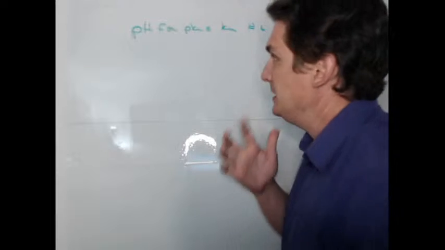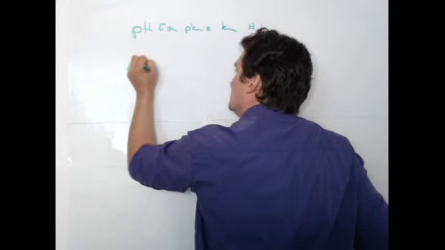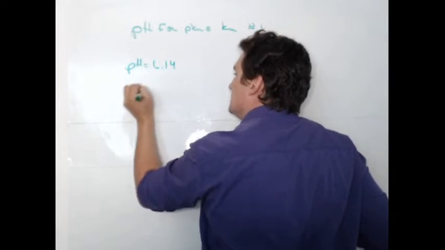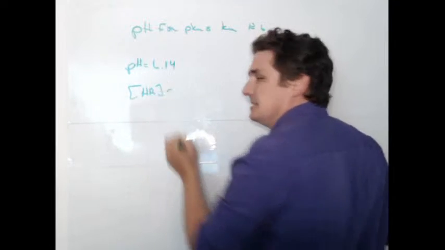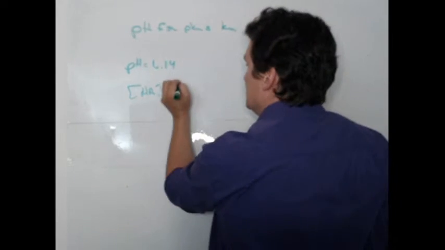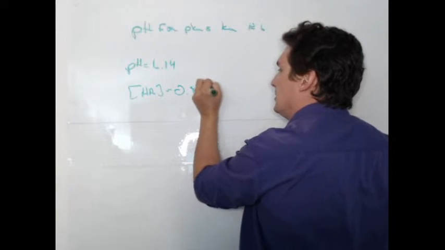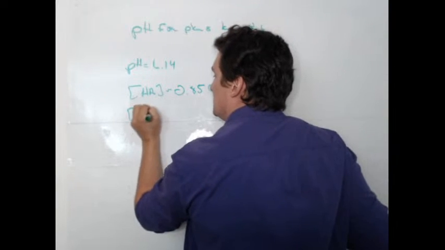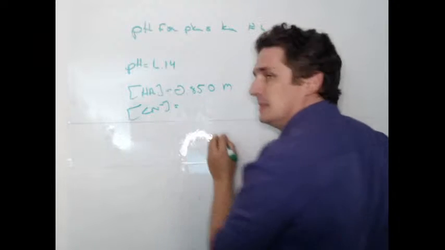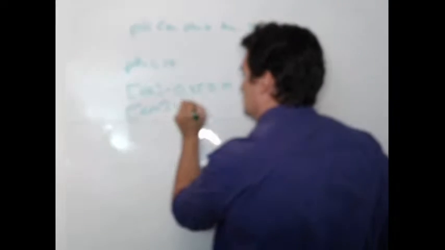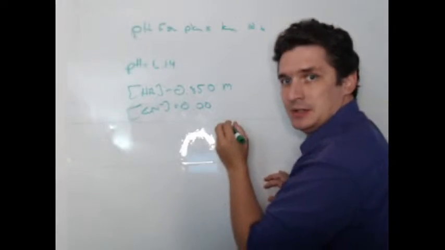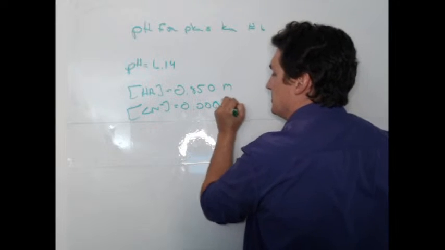For this one, I get the pH to be 6.14, and I get the starting concentration of the parent acid, the HCN, to be 0.850 molar, and the concentration of the cyanide is 0.00073.